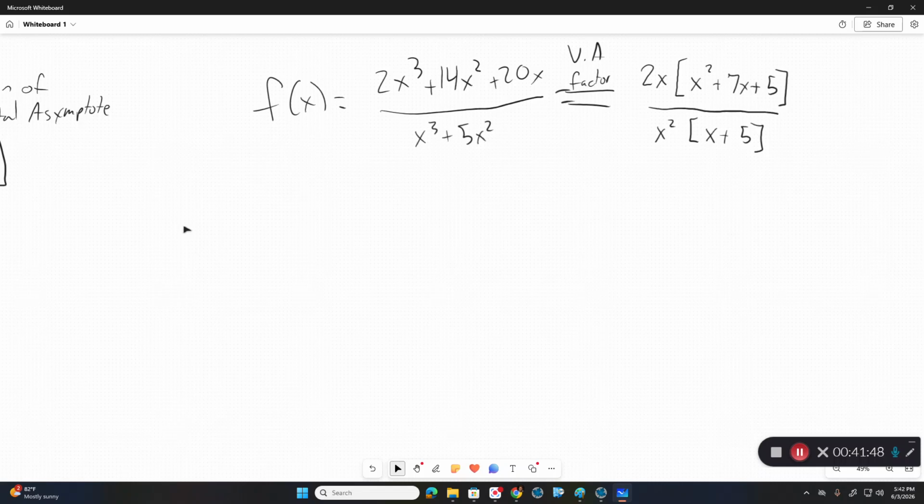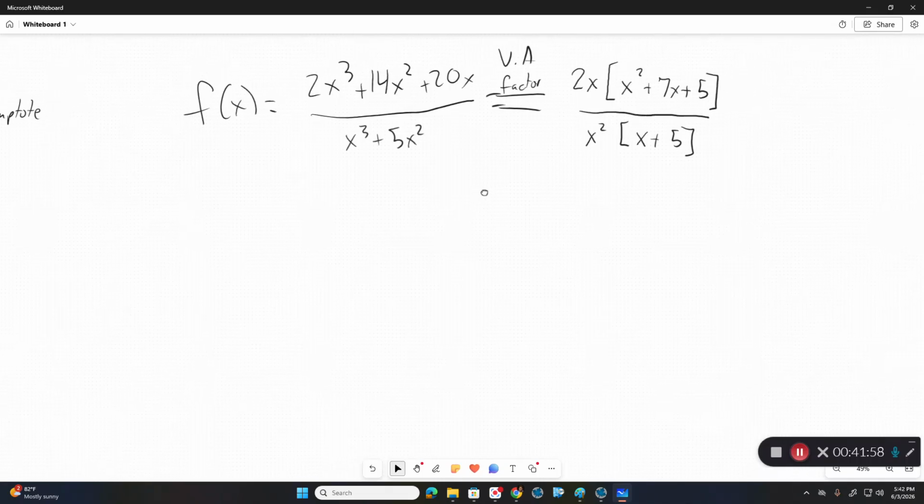Now, if you really take a look at this equation, we have to ask ourselves, what are the factors of 5? 1 and 5, do those add up to 7? The answer is no. Oh, goodness. I apologize.